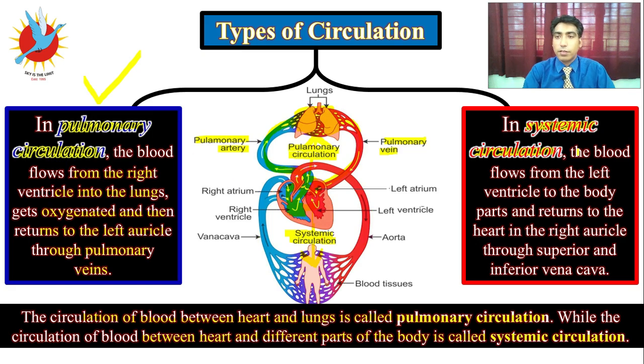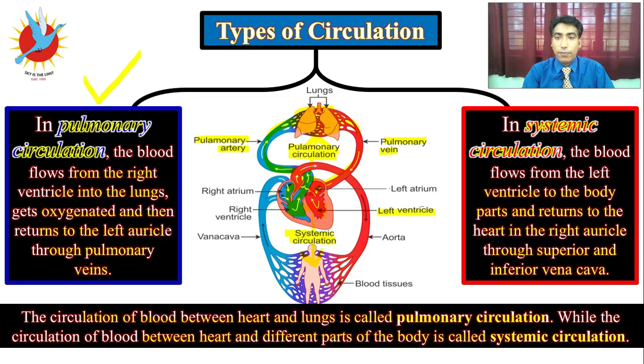Now we will discuss the systemic circulation. In systemic circulation the blood flows from the left ventricle to the body parts and returns to the heart in the right auricle through the superior and inferior vena cava. So this is our left ventricle, and systemic circulation starts from this area.